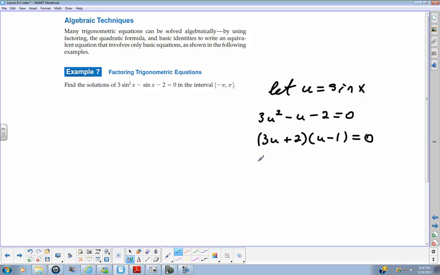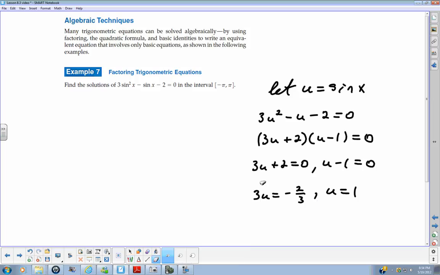So then we have 3u plus 2 equals 0, and u minus 1 equals 0. So then we just solve these equations. We have u equals negative 2/3, or u equals positive 1. Oops, this is just u, not 3u, because we subtracted 2 and then divided by 3.